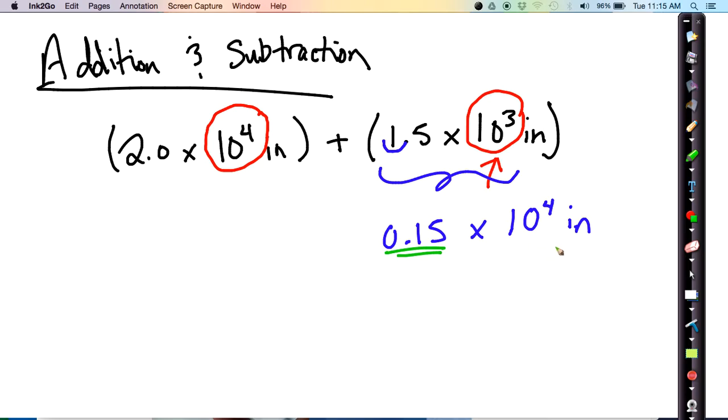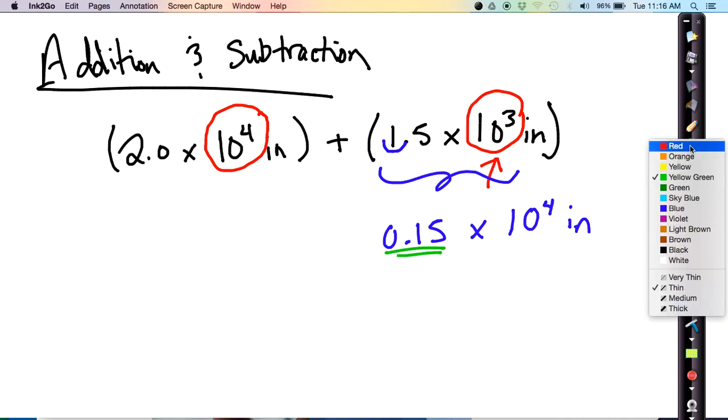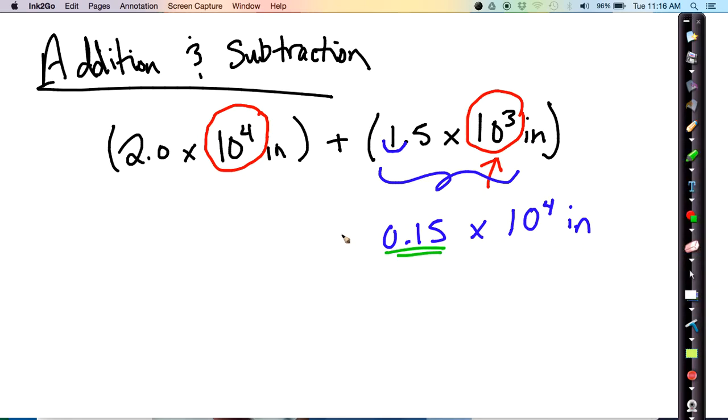This is just one step in the process. So we're going to ignore that rule violation for now, and we're going to correct for it at the end of the problem. So I have now converted so that my two measurements have the same exponent, 10 to the fourth. So this is what my problem now looks like.